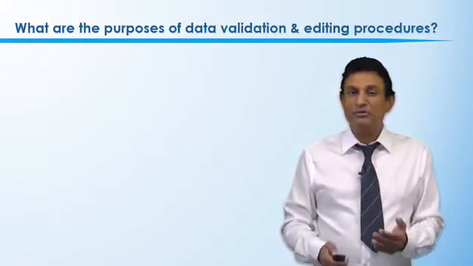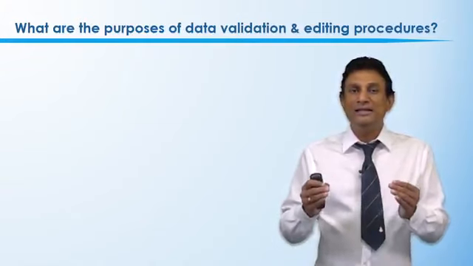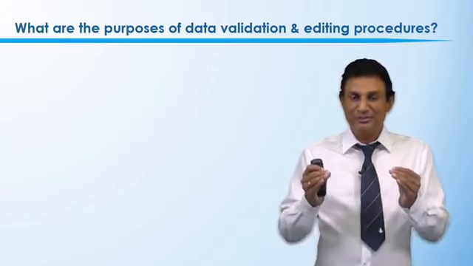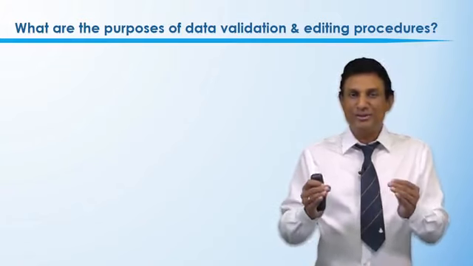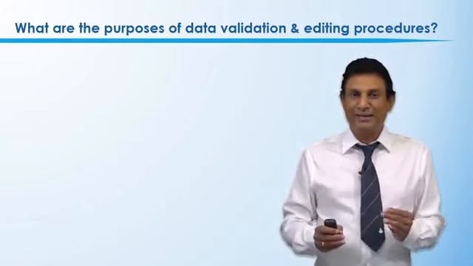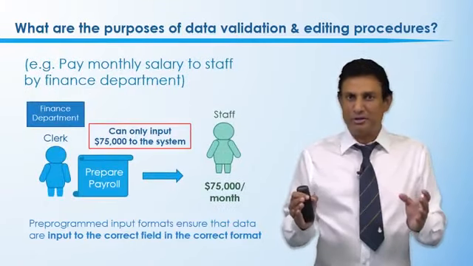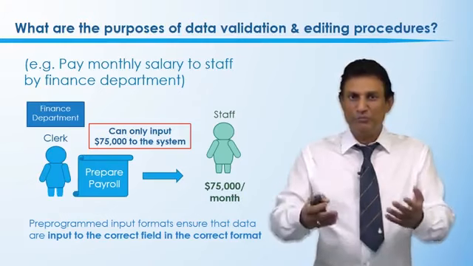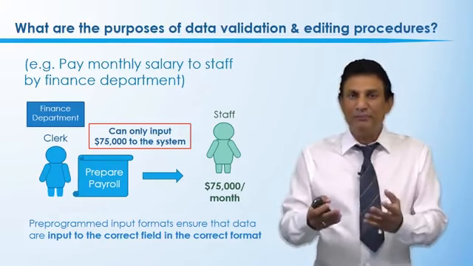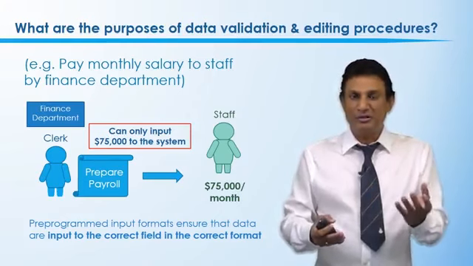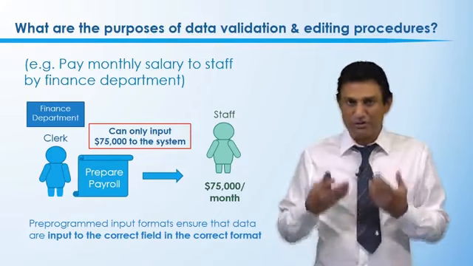All right, next we look at the data validation and editing procedures. That means still the input controls, to make sure that correct information is input to the system. Let's think about a scenario about salary. Once we work at the office, somebody within the finance department is going to create our salary and it goes to your bank account. That's a normal procedure.